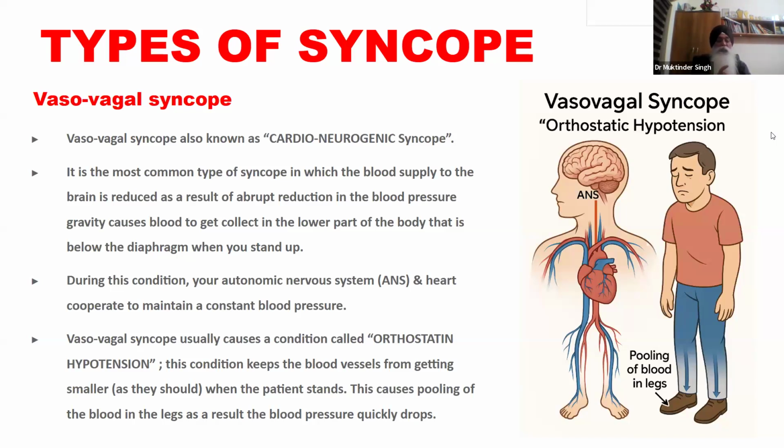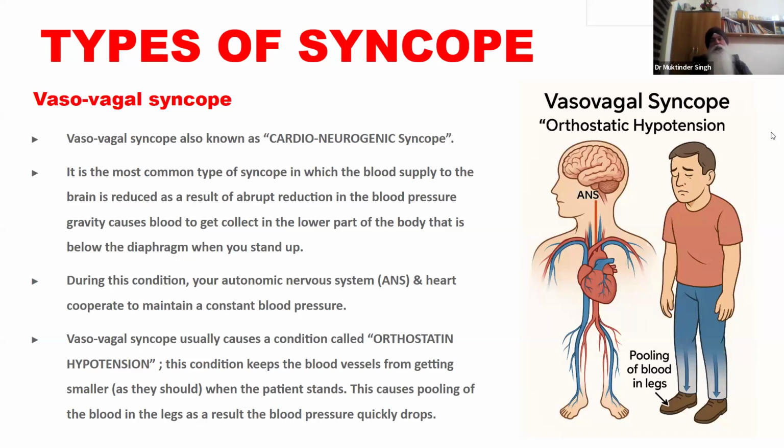It is the most common type of syncope, in which the blood supply to the brain is reduced as a result of an abrupt reduction in blood pressure, more than 10 in one go. Gravity causes blood to collect in the lower part of the body, below the diaphragm, when you stand up.